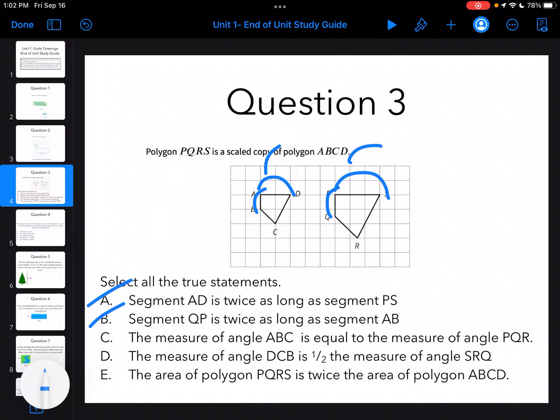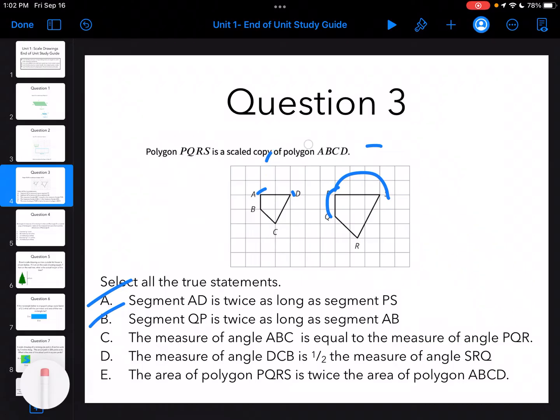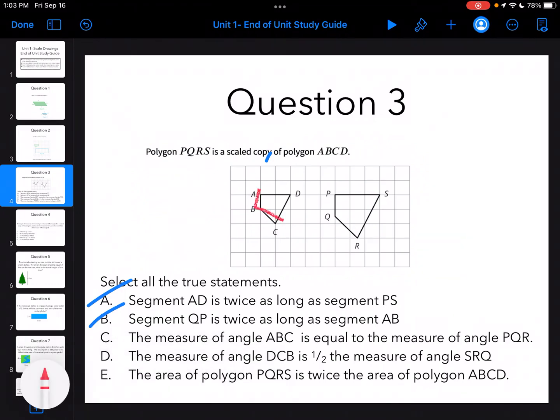So that's out. The measure of angle ABC is equal to the measure of PQR. Let me just erase here so we can really look at those angles. Well, I know in a scaled copy the angles are going to be the same, so C is correct. The measure of angle DCB is half the measure. Well, I know the angles are exactly the same, so D is out.